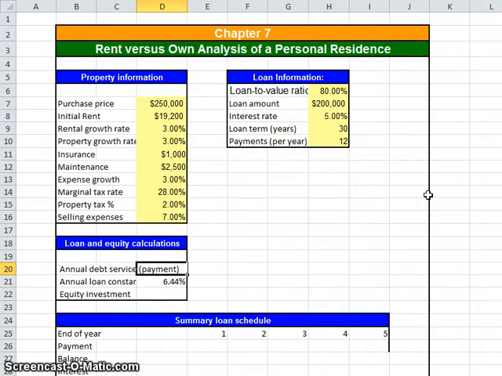And then for our annual debt service, it's just going to be 7 times 1%, 12,888. And our total investment is just going to be equal to our 250,000 minus 200,000, so 50,000 total.